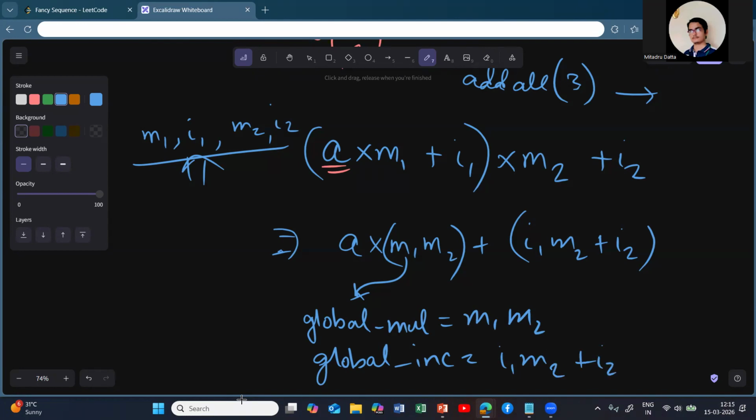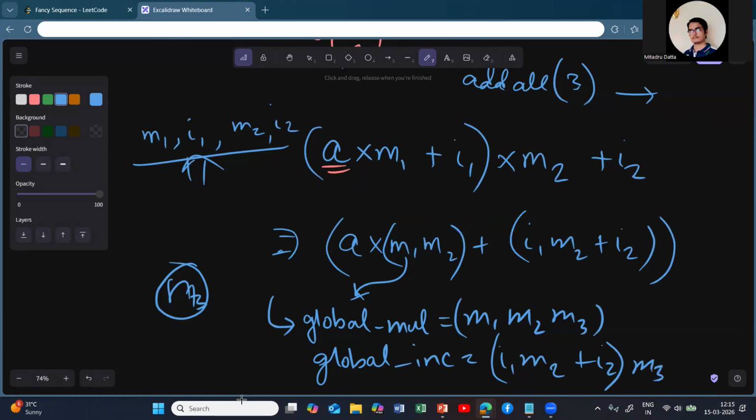So one thing you do realize is that whenever you want to multiply by m3, you can have a global multiplier variable and multiply it by m3. But if you are multiplying m3 to this whole number, then you need to multiply the global incrementer also by m3.